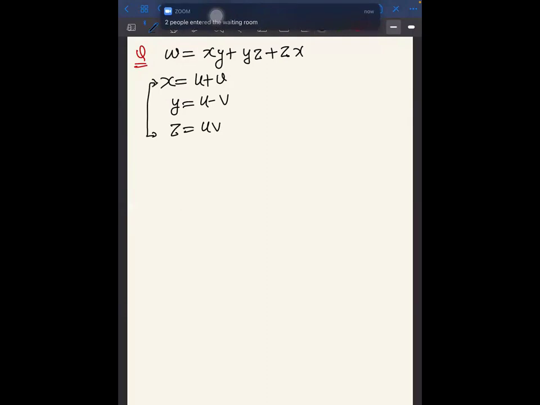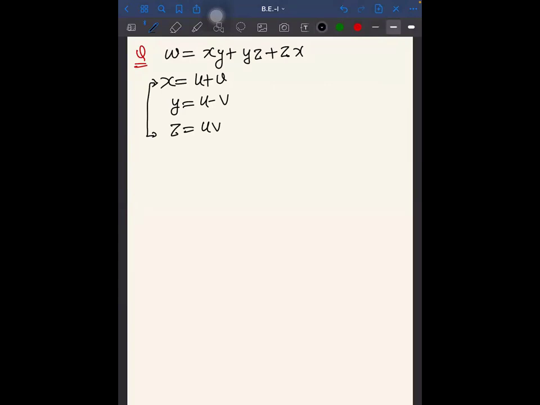So now let's say we have a question, w is equal to xy plus yz plus zx, and x is u plus v, y is u minus v, and z is uv. Now you see that these intermediate variables are dependent upon more than one variable. So we'll be discussing only u, or only v, so we'll have two tree diagrams in this case.